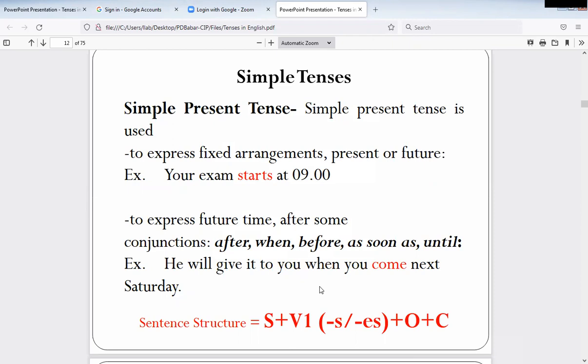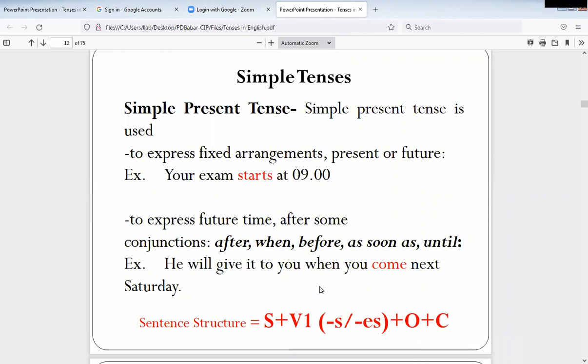And if the subject is I, we, you, they, these pronouns, or if the subject is not third person singular, then we won't add any type of suffix to the verb.